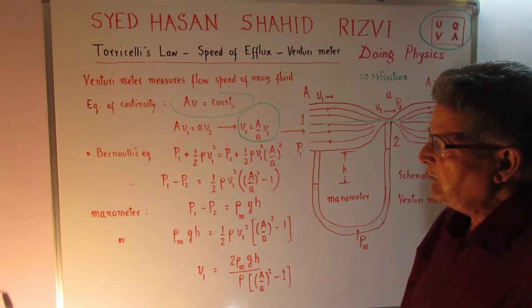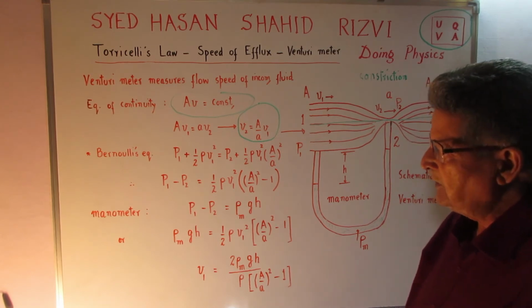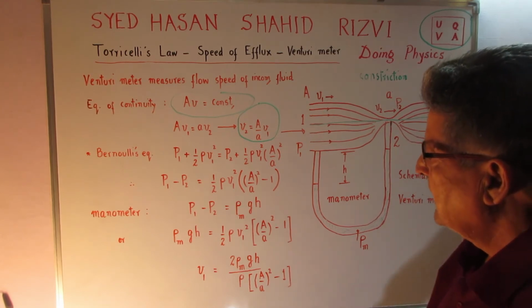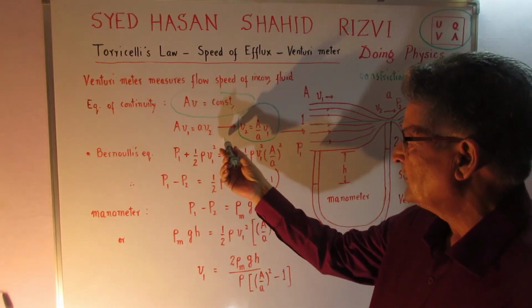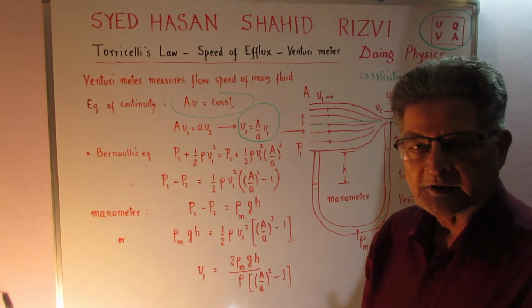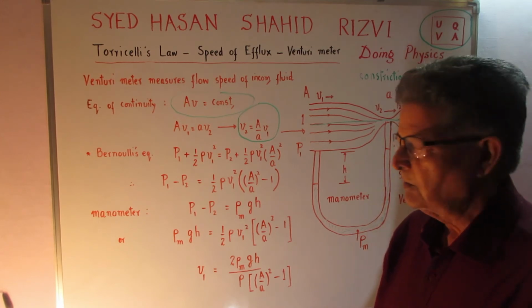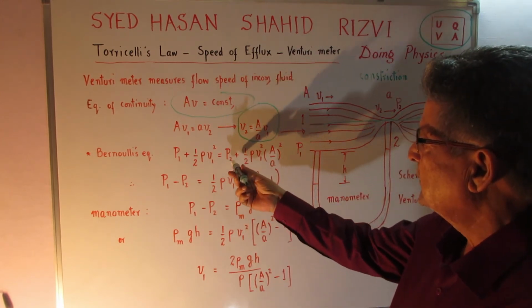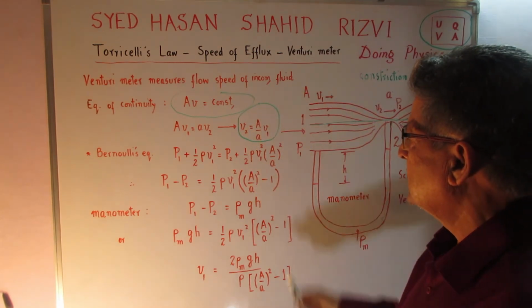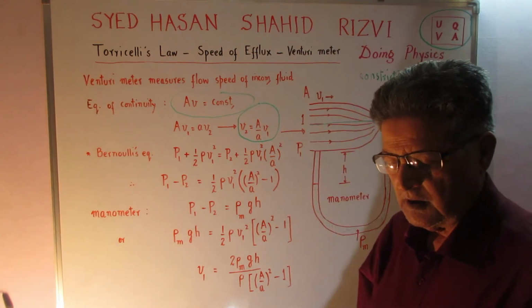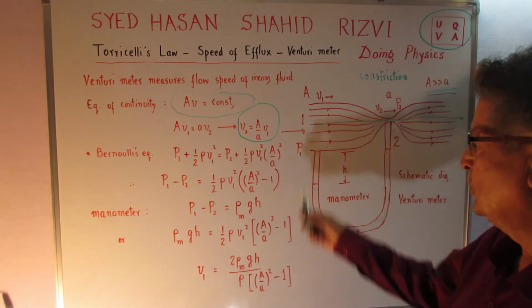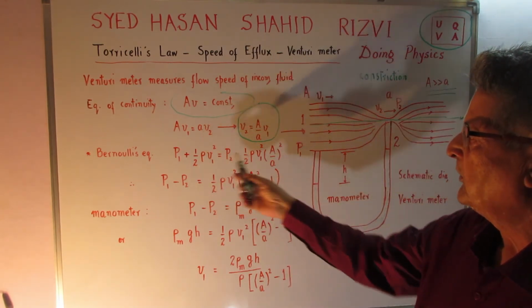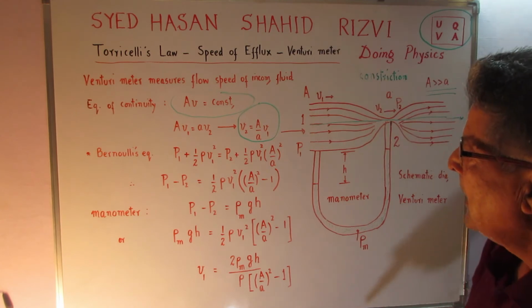Now after that we make the application of Bernoulli's equation, which says that the pressure plus the kinetic energy plus the potential energy over here is equal to pressure plus kinetic energy plus the potential energy there. The two potential energies are equal, therefore we are not considering them.